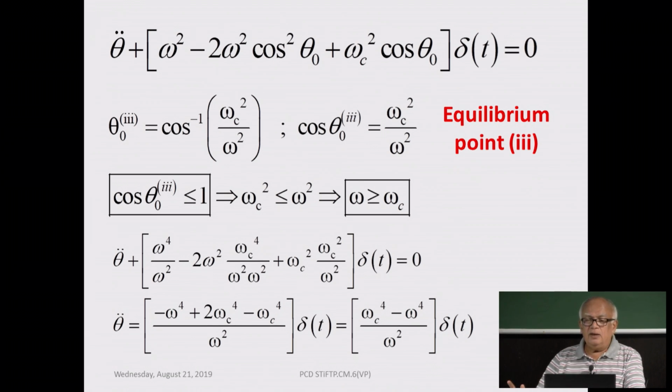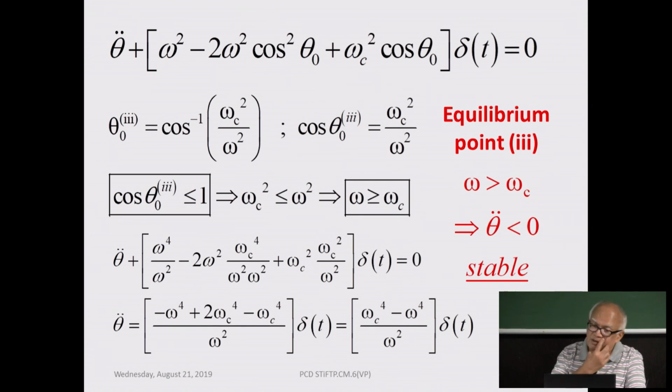However, the possibility of it being an equilibrium below the critical speed does not even arise. If it is at equilibrium at all, it has to be above that critical angular speed. So omega must be greater than omega c, which means that theta double dot has to be negative, and this will be a stable equilibrium.